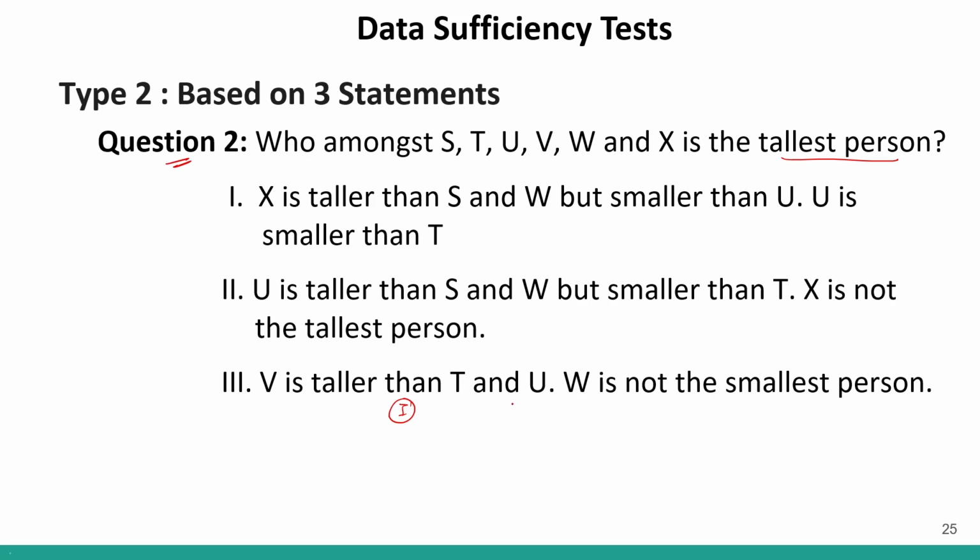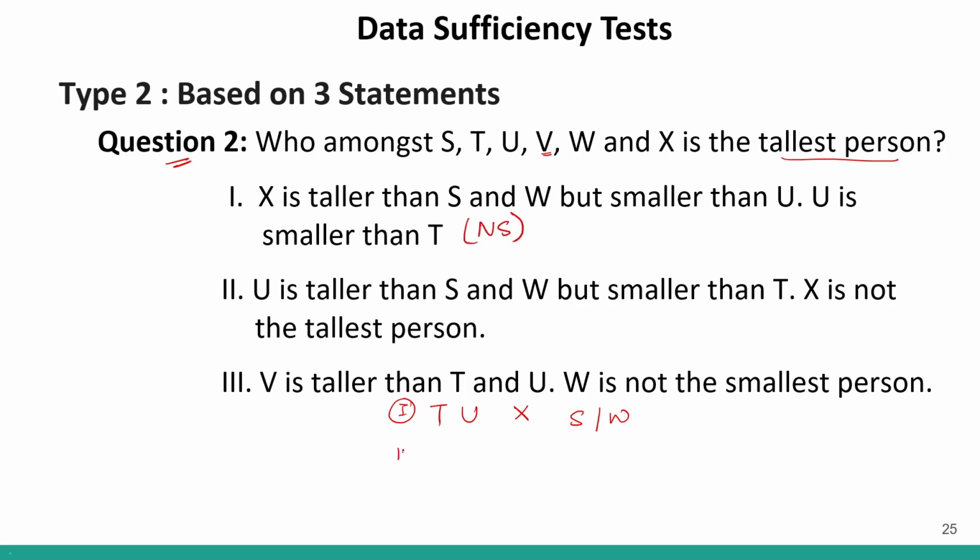Statement 1 says that X is taller than S and W but smaller than U, and U is smaller than T. So we get a placement like this: T, U, X, and S and W we don't know. Correct? Now, but we have 6 people. Correct? We have 6 people, so we don't know the placement of V based on statement 1. So I can say statement 1 alone is not sufficient.